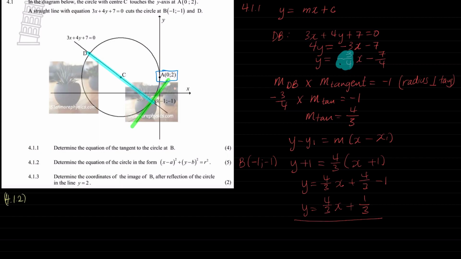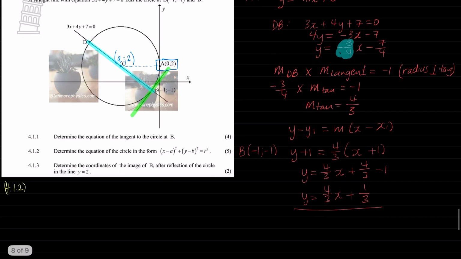And so this line CA represents my radius, but also since it is parallel to the x-axis, I can say that the coordinate for C is going to be some value, let's call that a, and the y value is going to be 2.